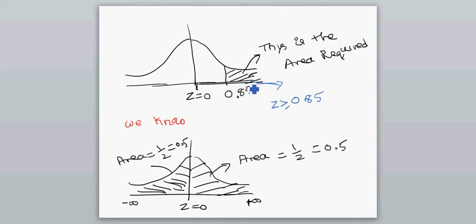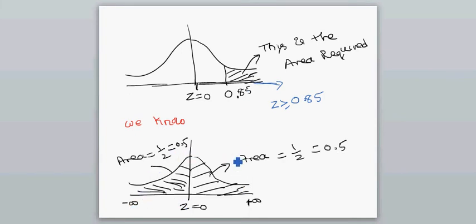Now from the normal distribution table we will always get the area from 0 to some particular point z, but this is started at z equals 0.85. So this is a small area, how do you get it from the property of the normal distribution? We know the area to the right of 0 up to plus infinity, this complete area is half, that is 0.5. Even left of 0 to minus infinity is also 0.5.